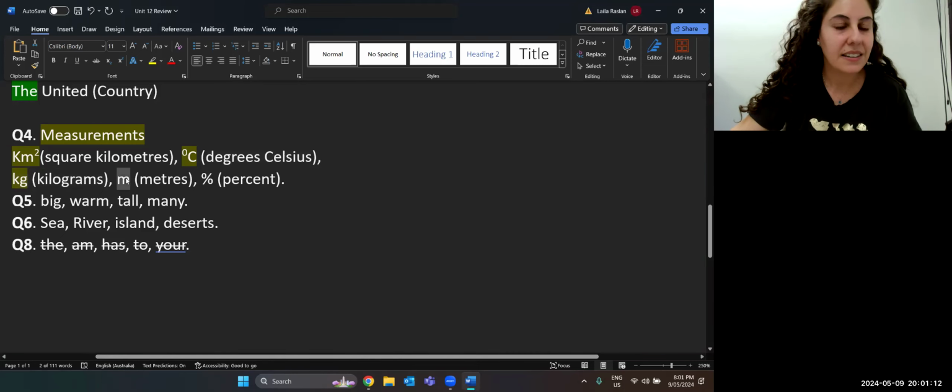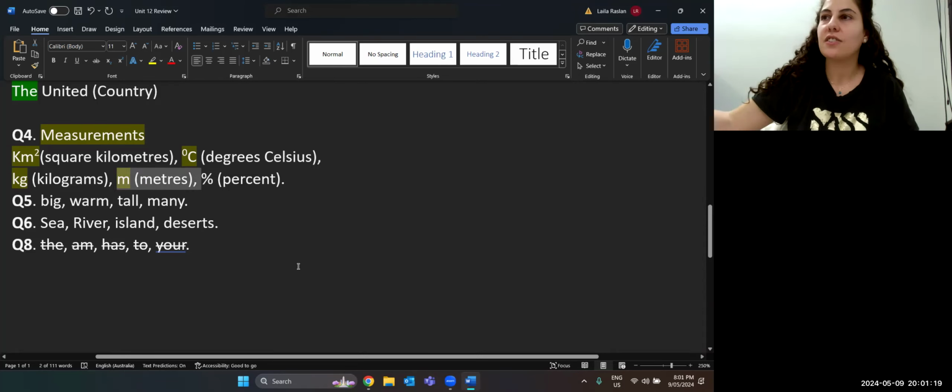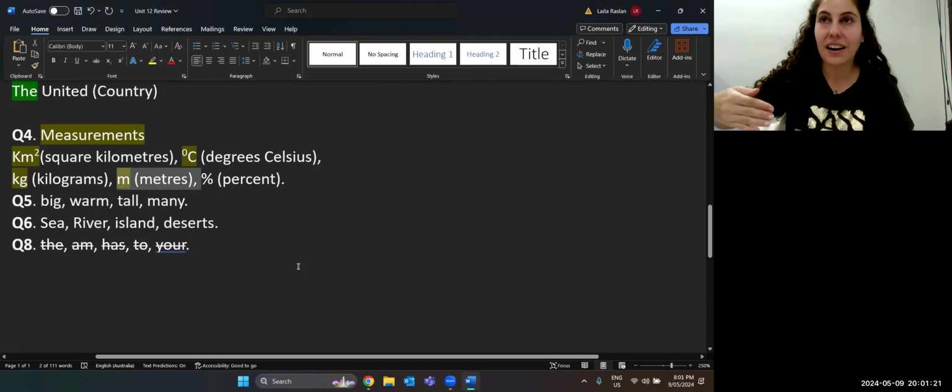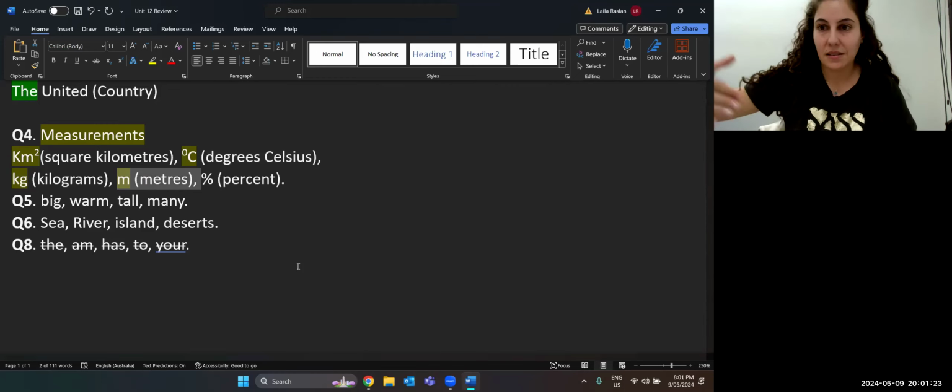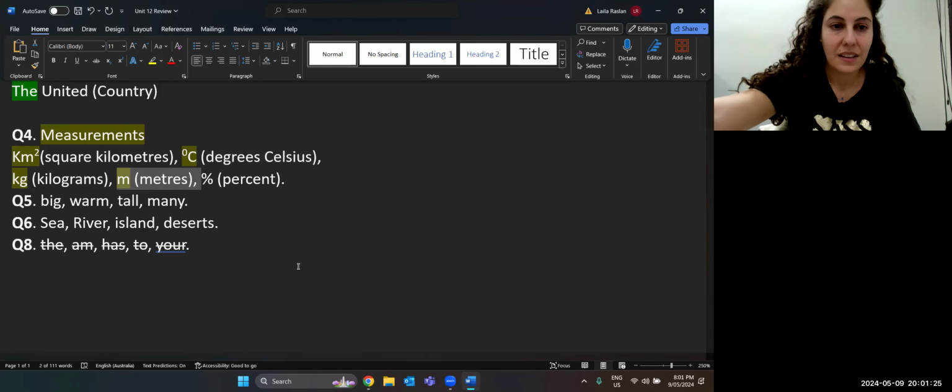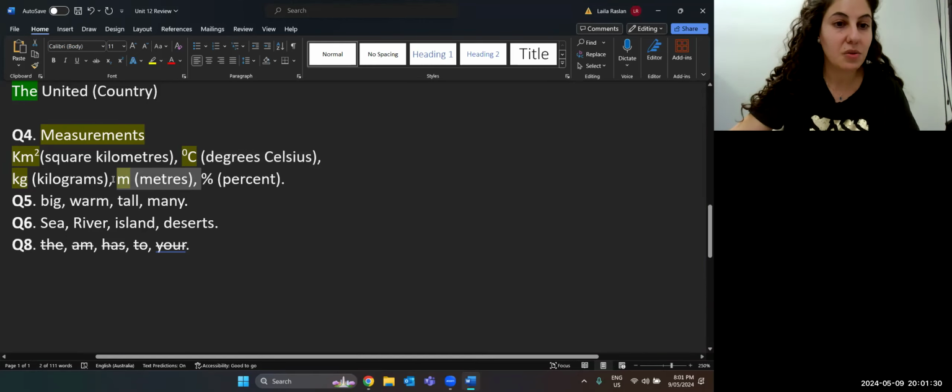This one is meters. Meters is used because I want to say how far this point is to that point. So for example, I want to run 50 meters.